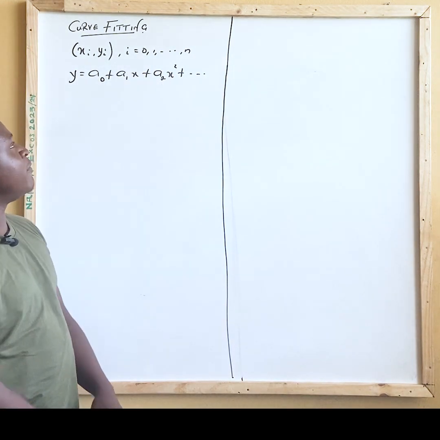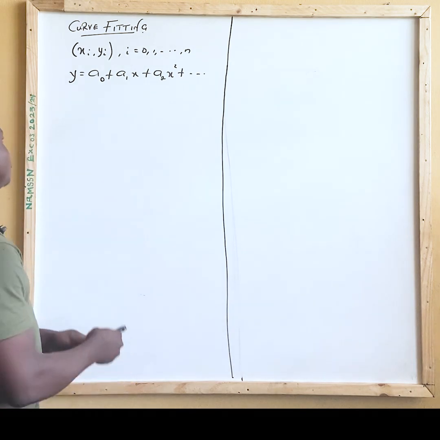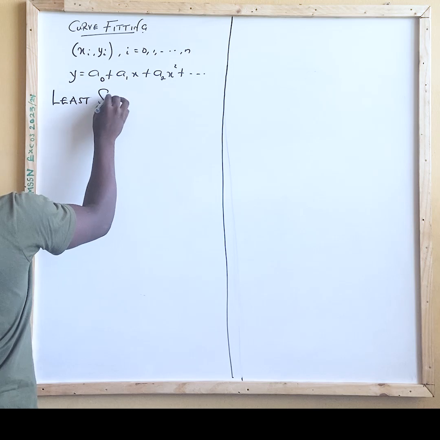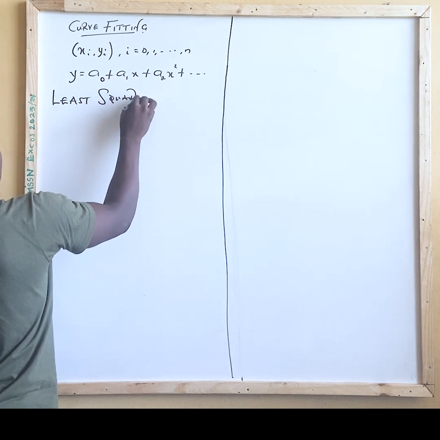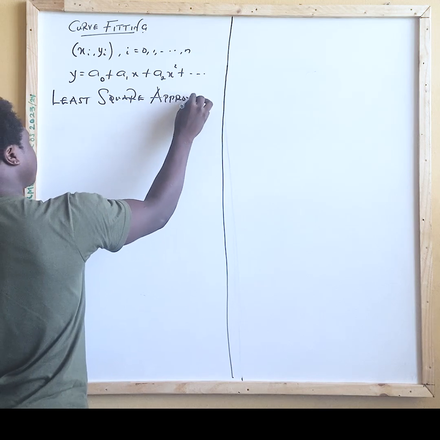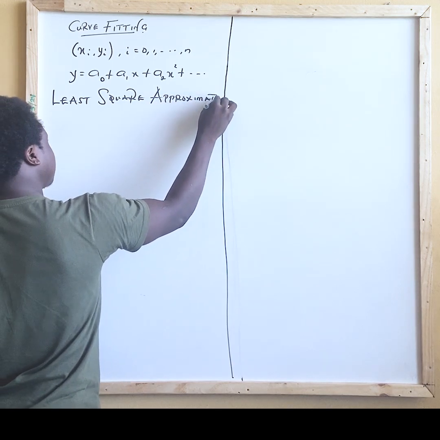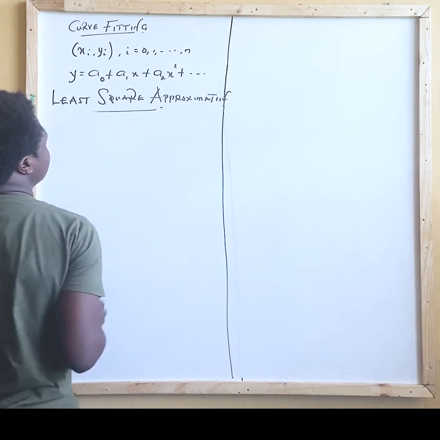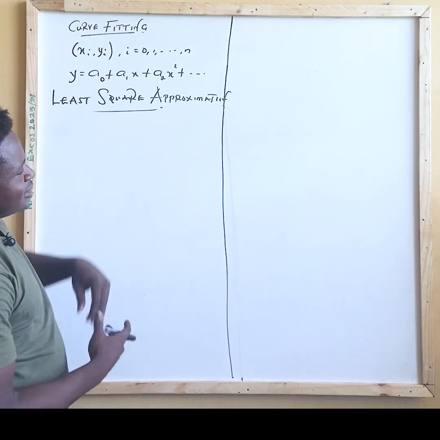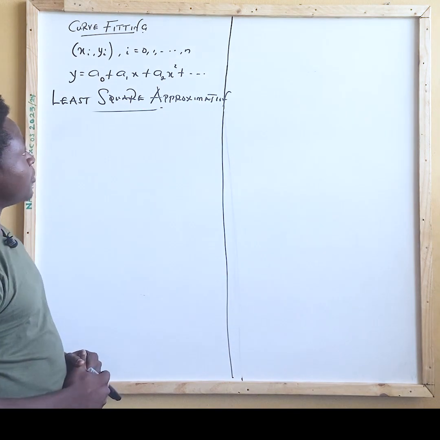All right. Now there are different methods by which we can do this. The first one is the least square approximation method. Since our given data here are discrete, we'll be looking at discrete least square approximation.